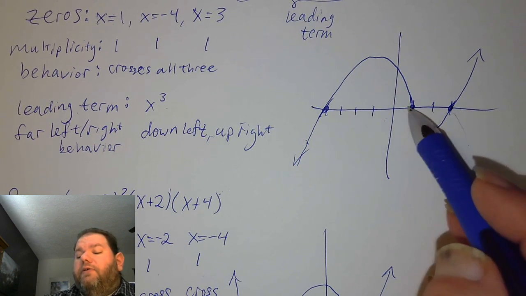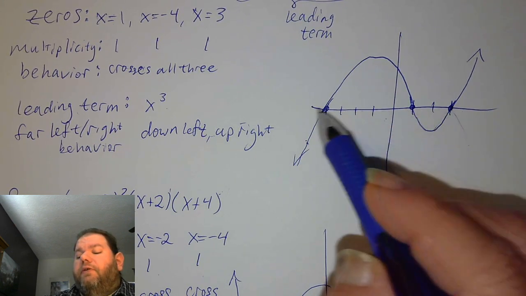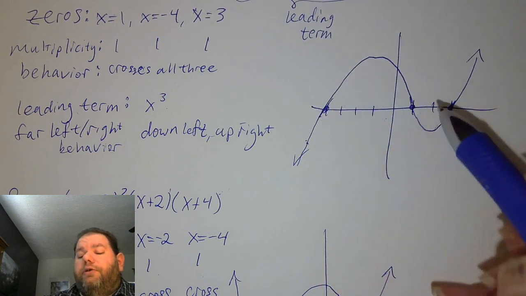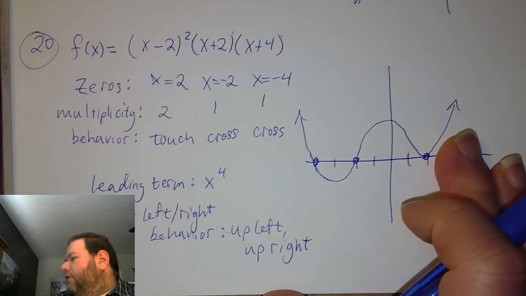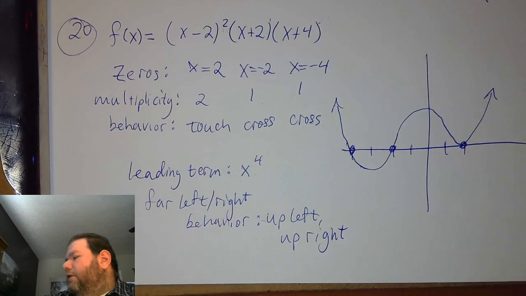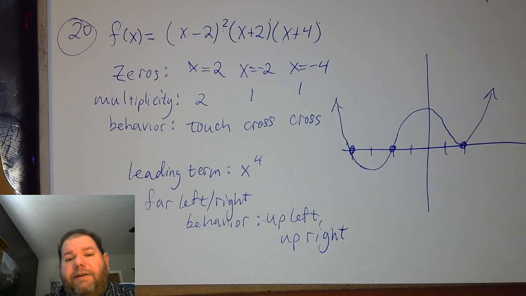Okay, these are closer, so we have a smaller curve. These are farther, so we have a larger curve. We don't have to be that specific because, again, we're just trying to get a decent sketch of the graph, and the main things are knowing which direction it's going. We can certainly read whether it's increasing or decreasing, although we don't know necessarily where it switches.